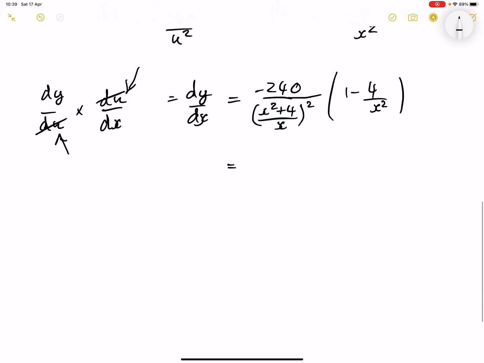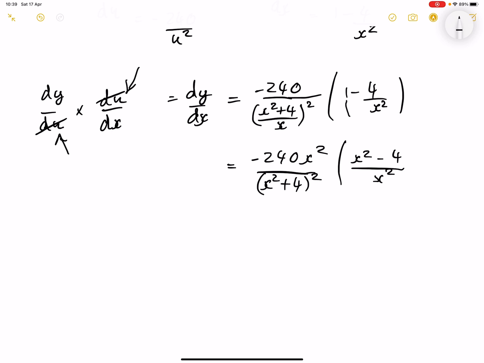And we're going to do a little bit of rearranging. So we're going to get minus 240 x squared over x squared plus 4, all squared. That's just because when you divide by a fraction, you flip the fraction and multiply. And that will be multiplied by x squared minus 4 all over x squared, because this 1 turns into an x squared: x squared divided by x squared is just 1, so we can turn this 1 into an x squared and put the whole thing over x squared.